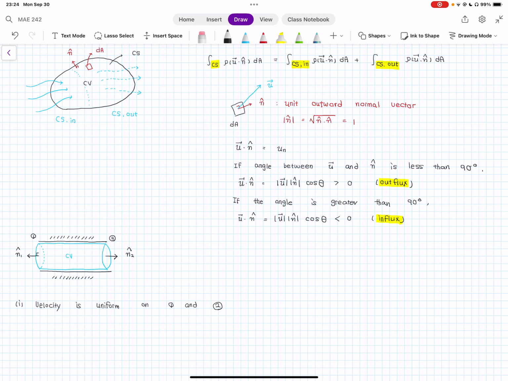As we know, we have viscosity, so velocity cannot be uniform unless the solid wall is moving at the same speed as the flow. Therefore, there's no relative shear. But again, this is a sort of idealization. So if velocity is uniform on surface 1 and 2, how do we evaluate this integral at the top right corner?